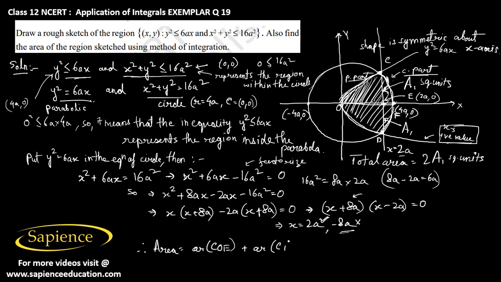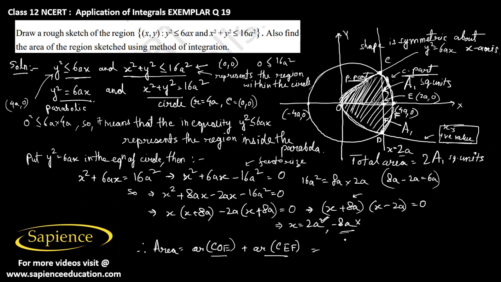The area of the region CEF we have to find separately, and COE separately, since here the equations of the curves are not the same. Here we have the circular part and here we have the parabolic part.